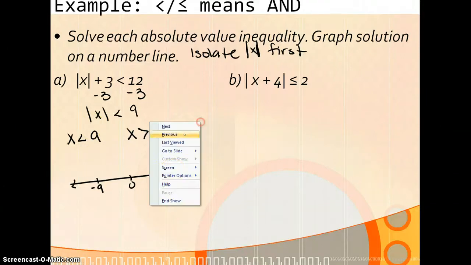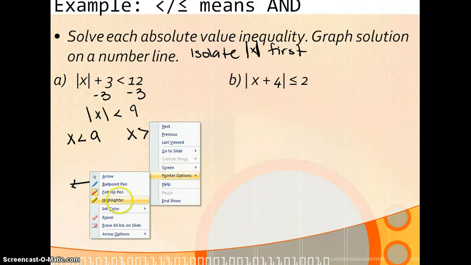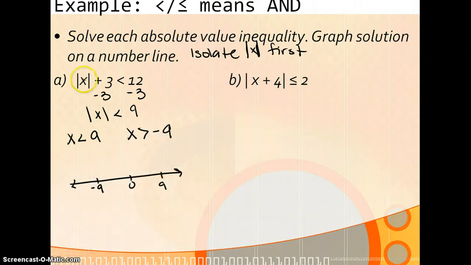So from here, it says negative 9 and positive 9, no equal to, so they're open dots, and it's less than 9 and greater than negative 9. And as you can see, these are facing towards each other. So you can connect it and say that it's one big distance between negative 9 and 9.